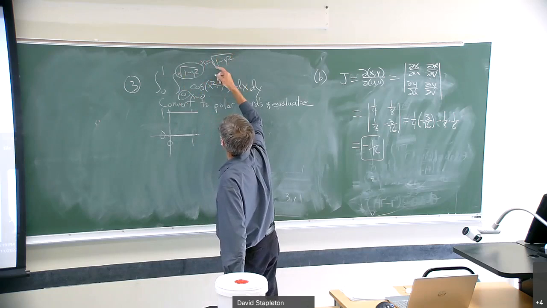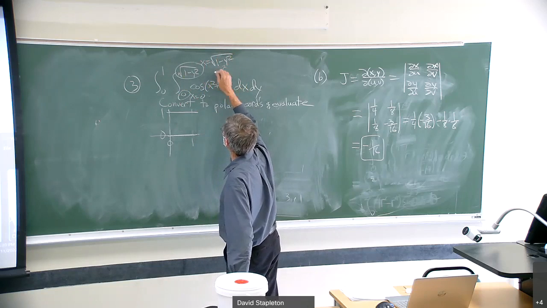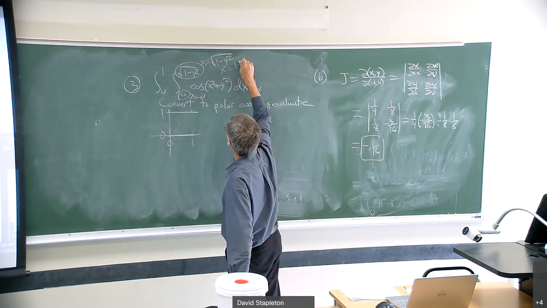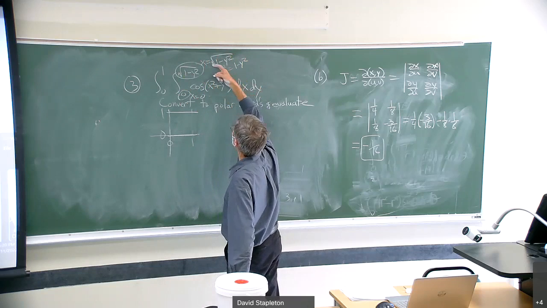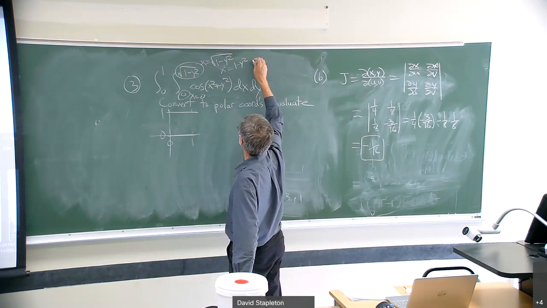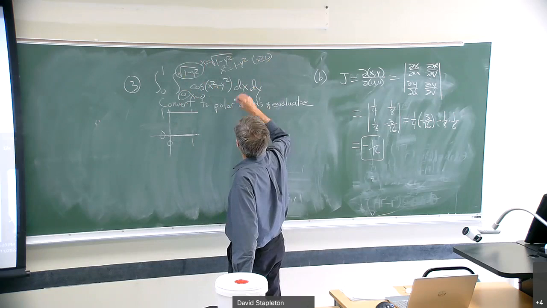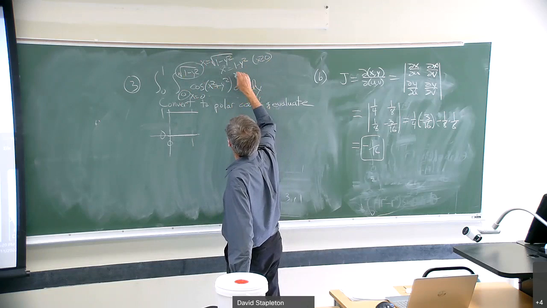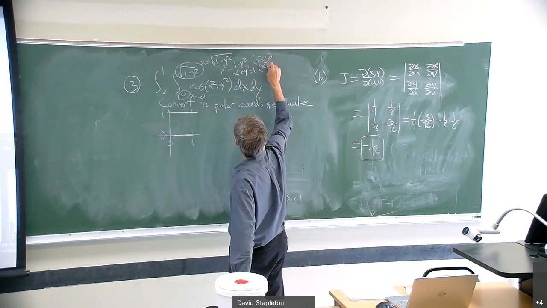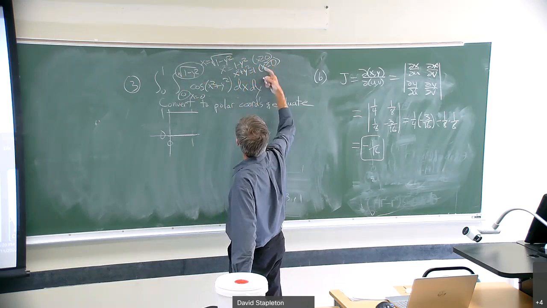If you want to know how that graphs, you square both sides, and we write it as x squared equals 1 minus y squared, together with x greater than or equal to 0, since it's a non-negative root. We just add y squared to each side. It's x squared plus y squared equals 1, the unit circle on the right side.